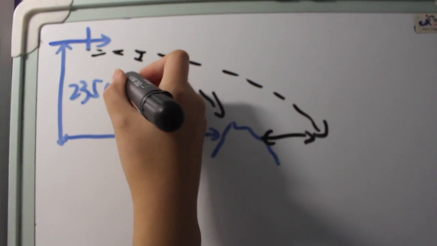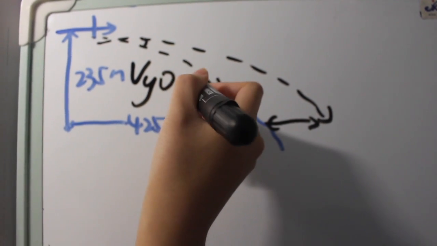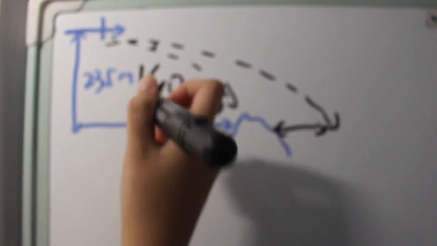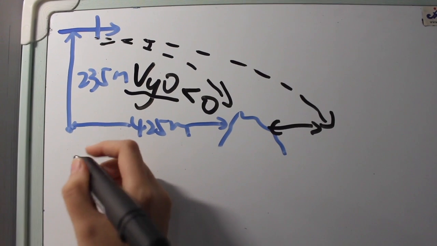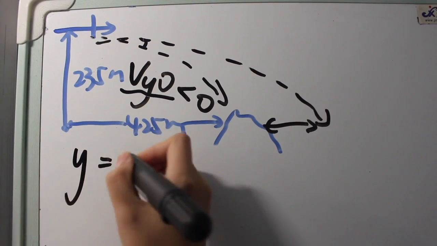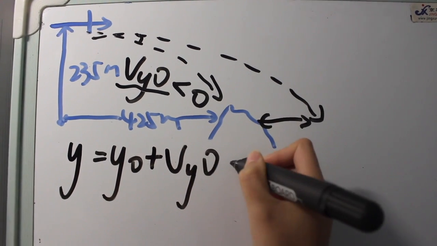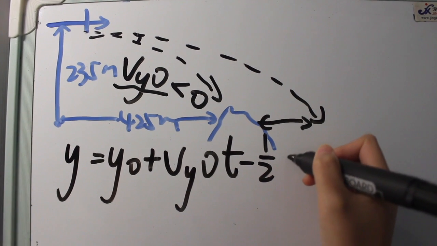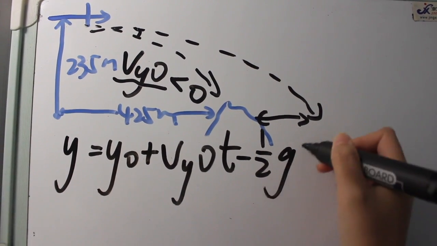So we have a Vy0, and this is less than 0. In order to know the magnitude of Vy0, we can still use this formula. This time the Vy0 does not equal 0.